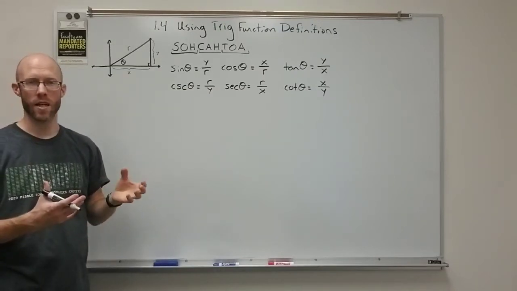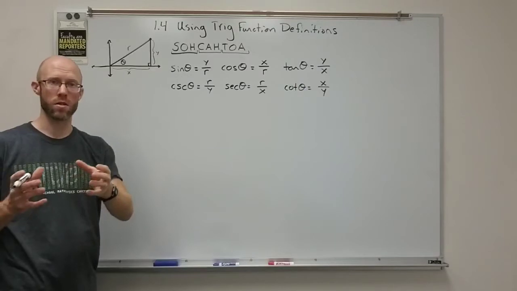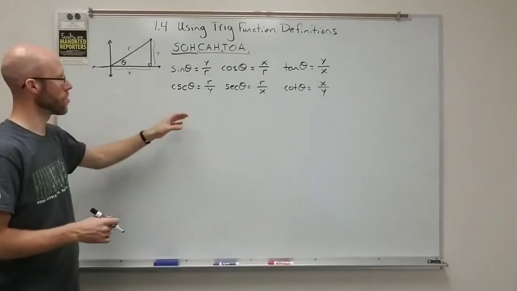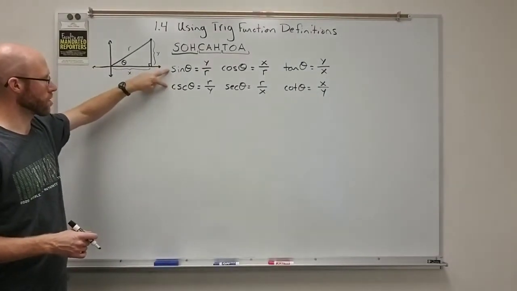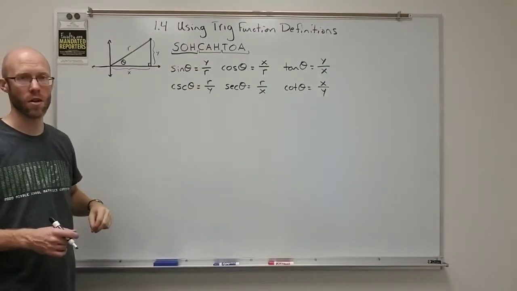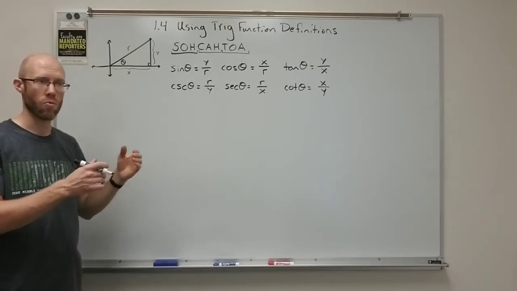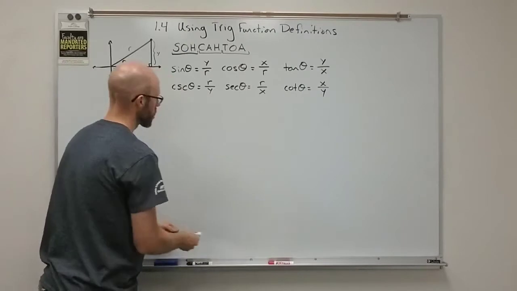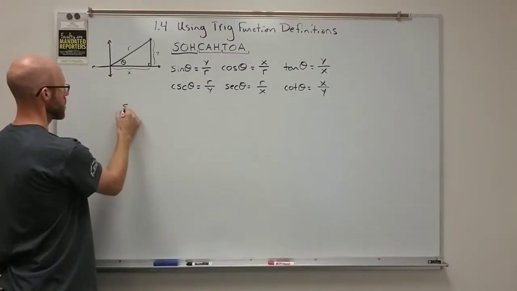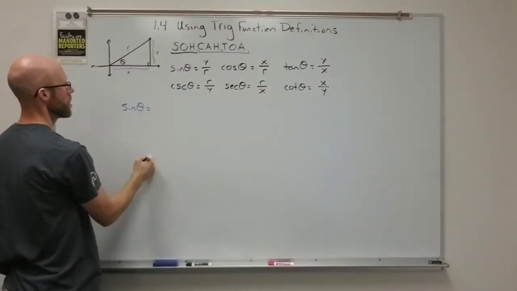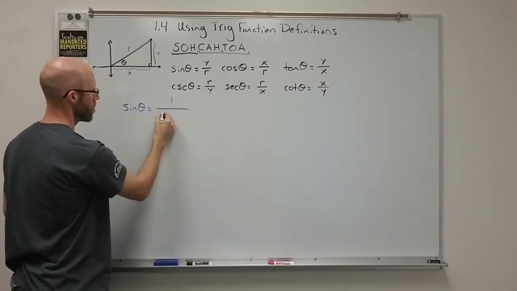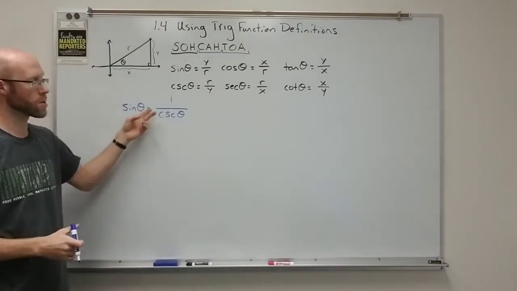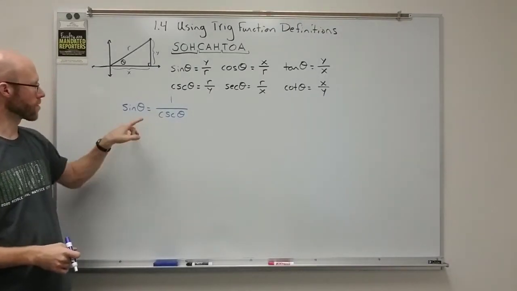So a trig identity is just an equation that relates two different expressions of trig functions. And so if the sine and the cosecant are reciprocals of each other, then we can write them as one over the other. Okay, and so let's switch color here. So the sine of theta is actually 1 over the cosecant of theta. Okay, so they're reciprocals. And of course, you could switch those.